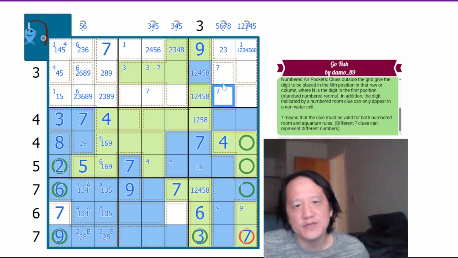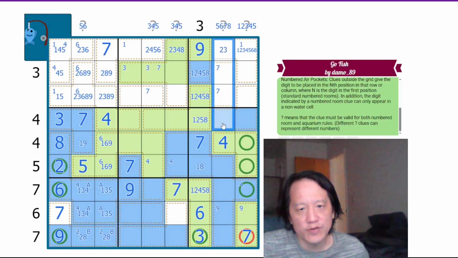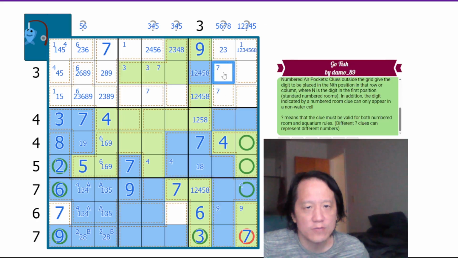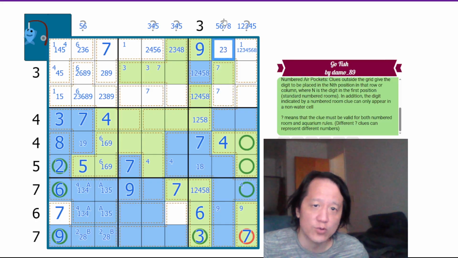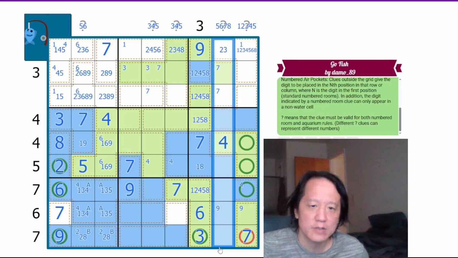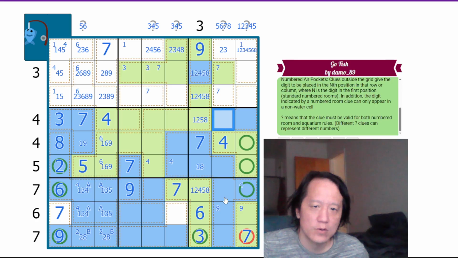Can't be 8. If it's 8, that means we have 8 waters here, and the 8 cannot be in the water here. So this has to be air. If it's water, then both of these are water, and then there's no place for the numbered air pocket to be, because it can't be 4 anymore.